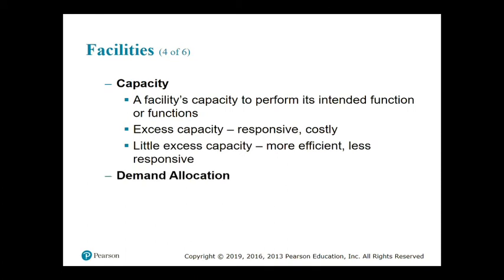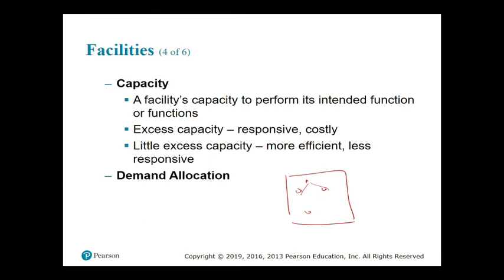Another consideration is demand allocation. So basically, if I'm building facilities in the same region, how do I allocate demand from here? Do I allocate demand from here to this facility or to this facility?